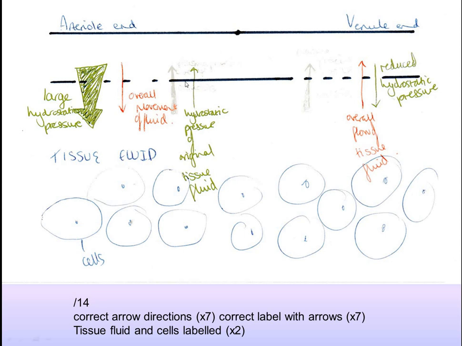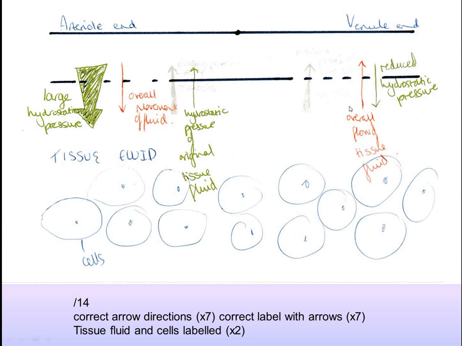However, these two pressures are a lot less in comparison to the large hydrostatic pressure. So overall, the liquid moves out of the arterial end of the capillary into the tissue fluid. That is known as ultrafiltration, because the liquid is filtered through tiny little gaps, so the proteins are left behind because they're too big.